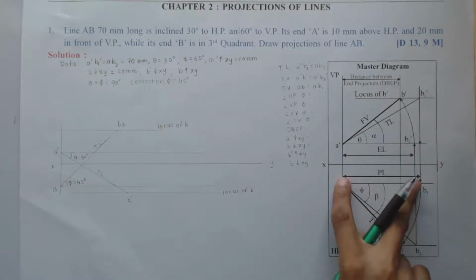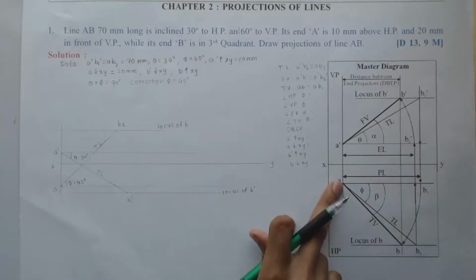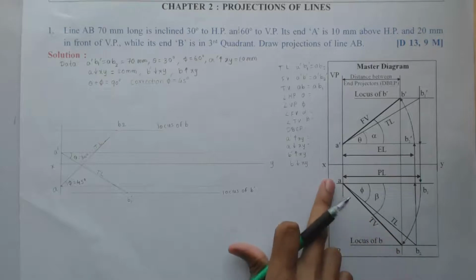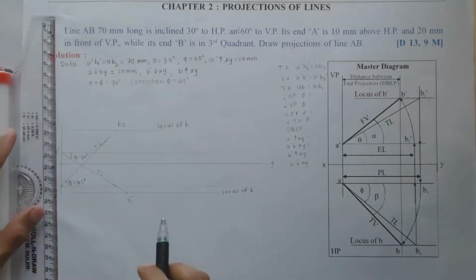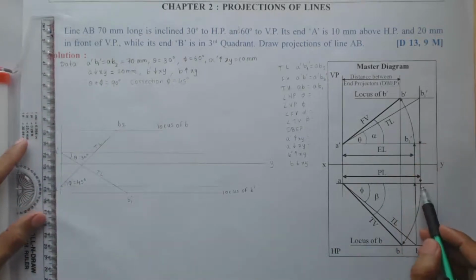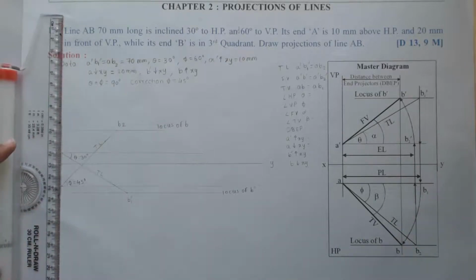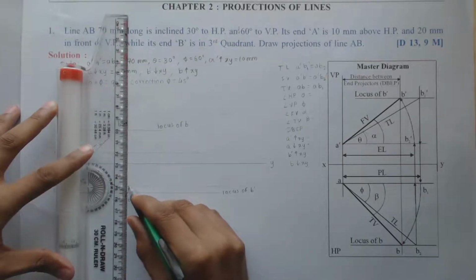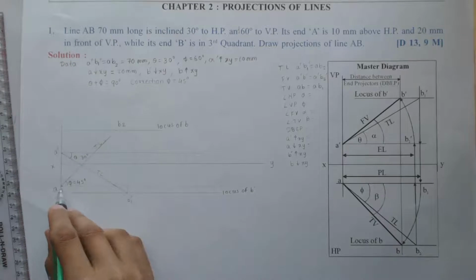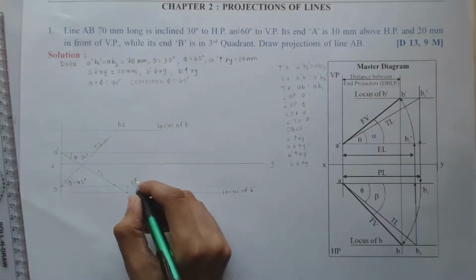Then AB1 can be rotated up to locus of B to get final top view AB, because plan length is always equal to top view. So I'll first project that B1 dash up to a horizontal line passing through A. So I need to just drop this B1 dash up to the horizontal line passing through A. That means this much only. So this will give me the point B1.